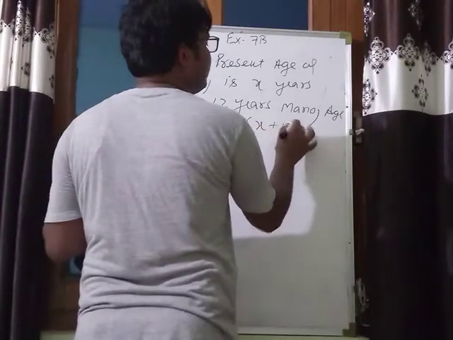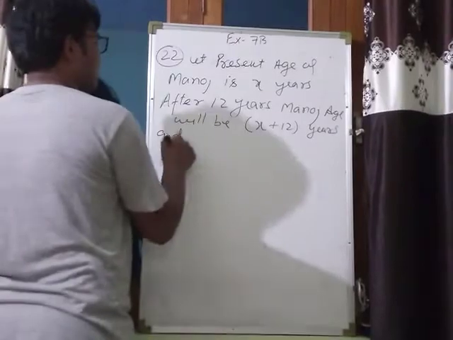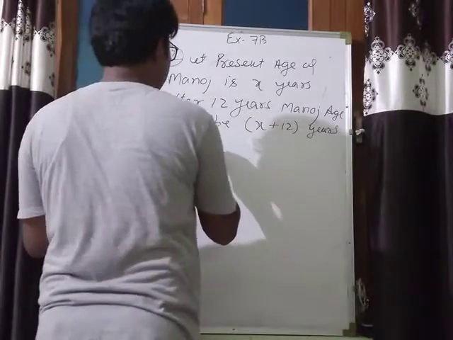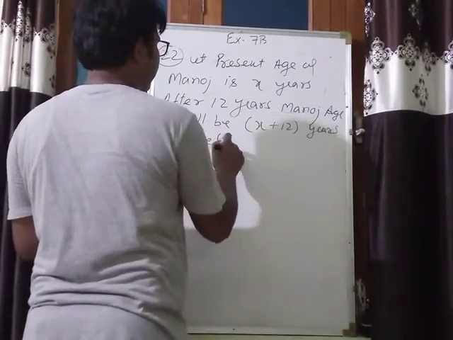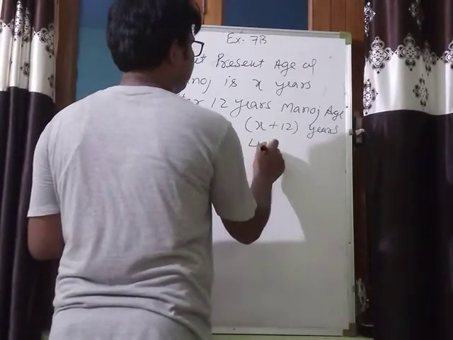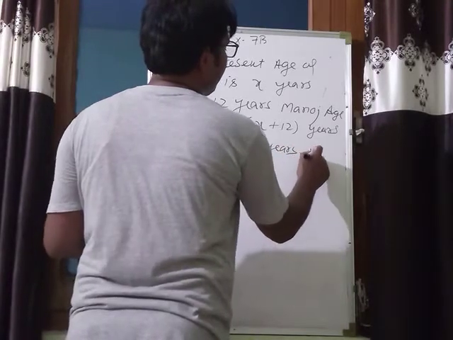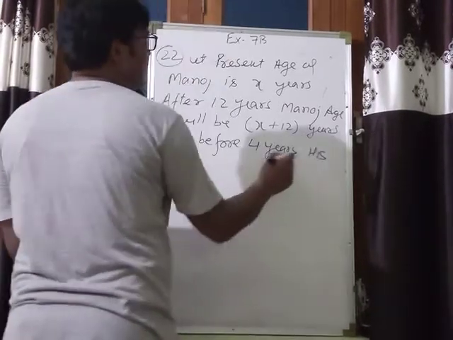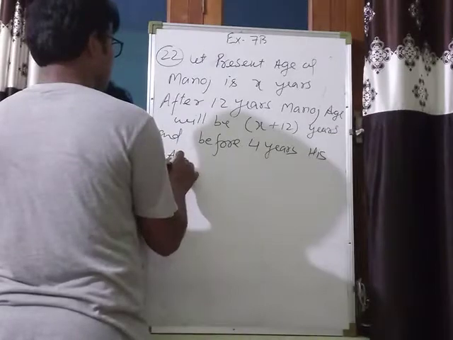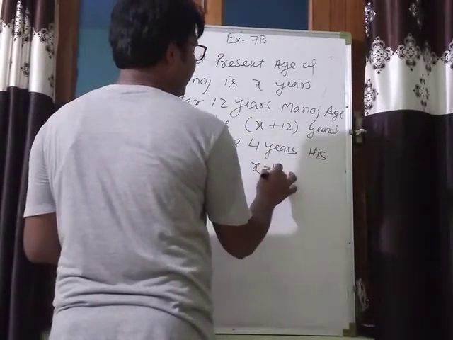X plus 12 years. And before 4 years his age was X minus 4 years.